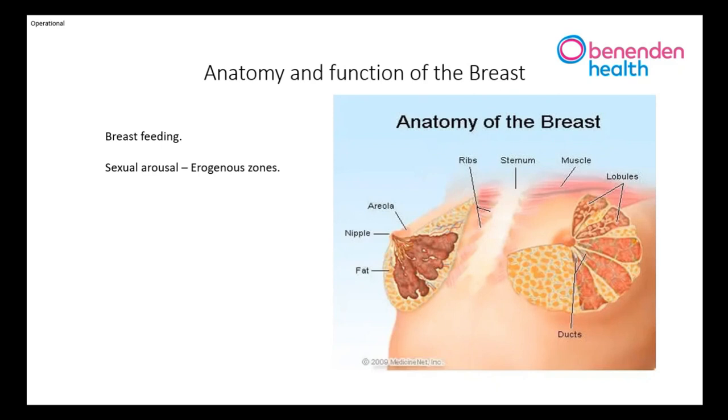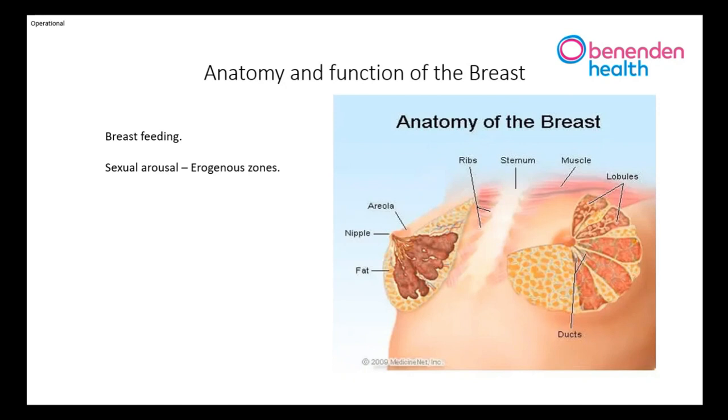During pregnancy, the duct system and the alveoli expand considerably, as the epithelial cells that line the alveoli are responsible for milk secretion, and at the same time the connective tissue is reduced. The alveoli are surrounded by contractile cells, or myoepithelial cells, which put pressure on the alveoli to promote milk secretion.